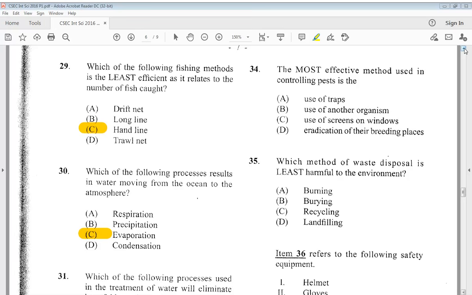The most effective would be to get to the root of it, we would say. So eradication of their breeding places, D.